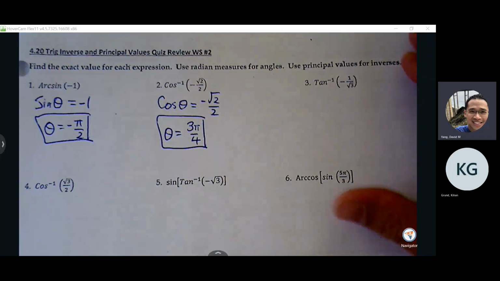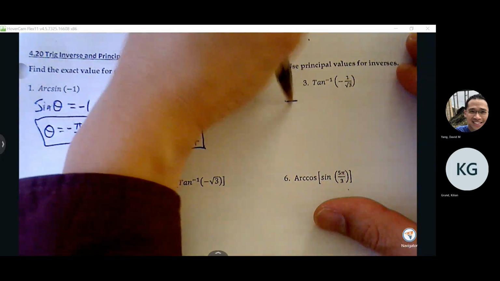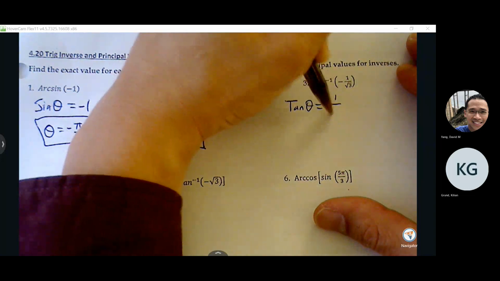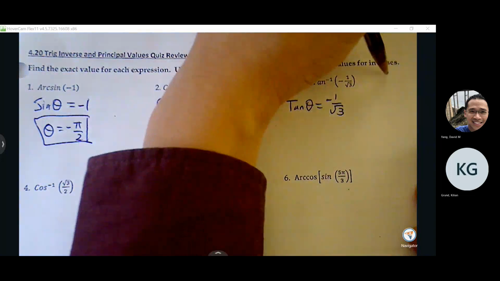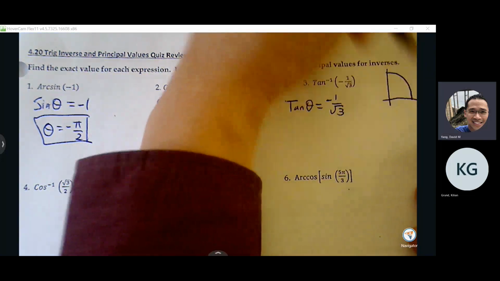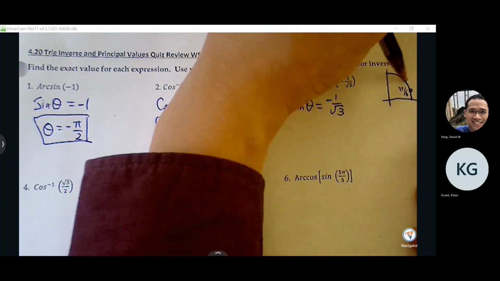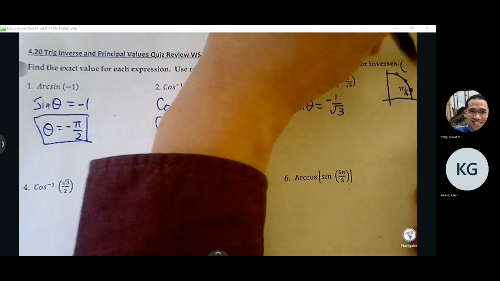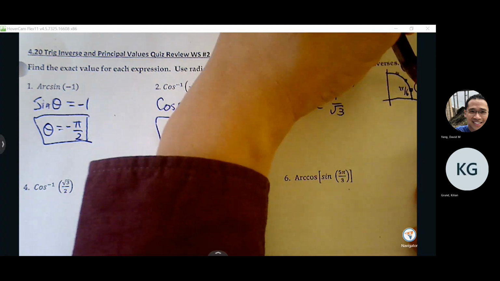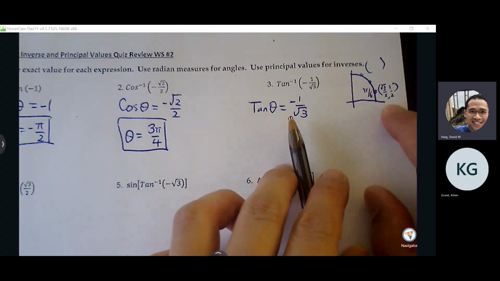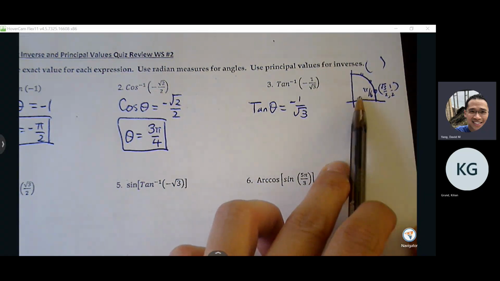Inverse tangent of -1/√3. Based off of our unit circle value, it's going to be in the π/6 family.